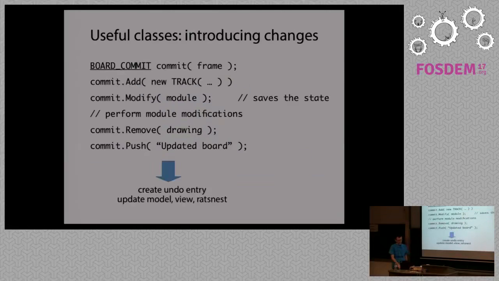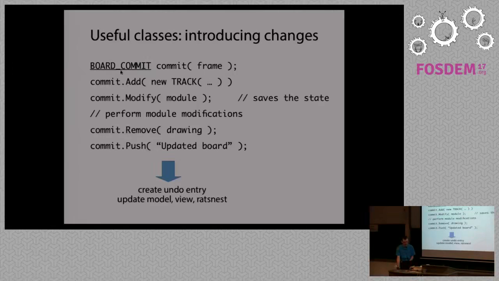Then we also have a notion of commit. We realized that when writing tools, there are certain parts of code that are repeated. For example, when you add a new item, then you need to create an undo entry so it can be reverted later. Update the board, update the view. Well, if you are modifying connected items, then the ratsnest has to be updated. So in order to avoid potential problems that would probably happen if someone forgot about one of these operations, we created commit.